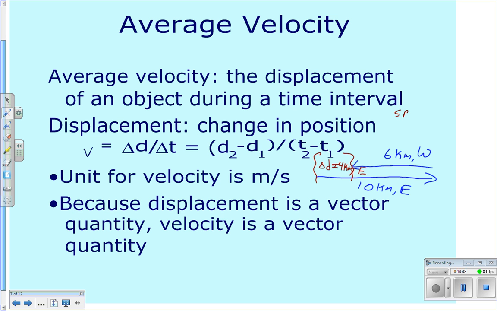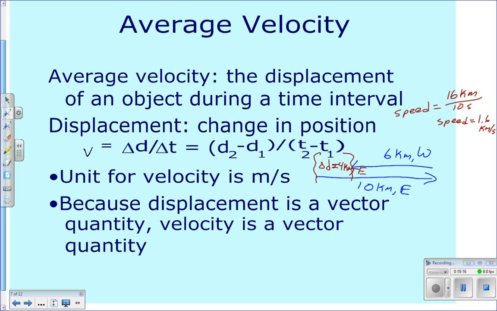Speed: it moved a total of 16 kilometers in 10 seconds. So its speed would be 1.6 kilometers per second. I just realized I was using kilometers, not meters. So this would be a really fast object, to be moving 1.6 kilometers in a second.